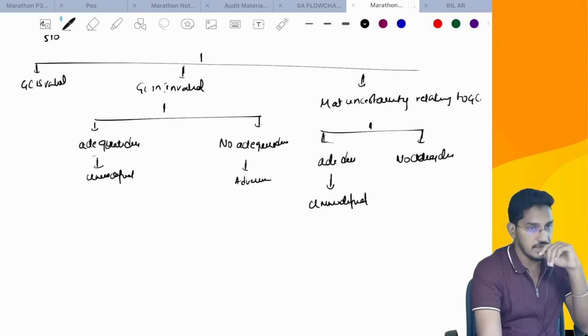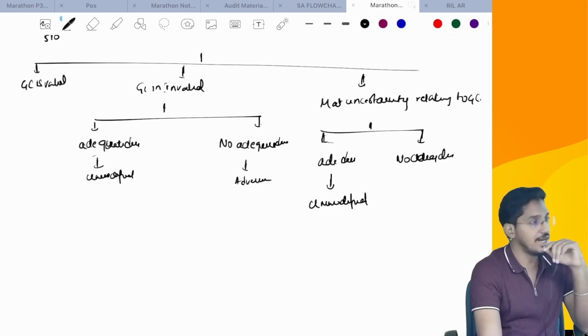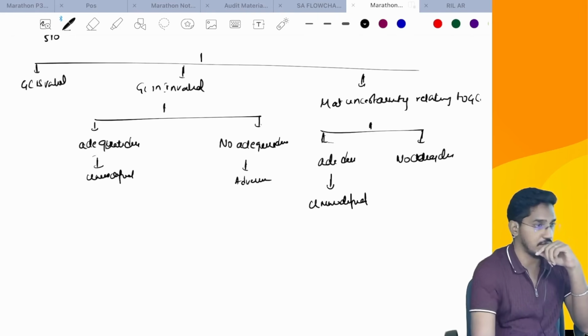You could have done it if the standard had not told anything specifically. But the standard has told something specifically. What we would have done is highlight that in the emphasis of matter paragraph.